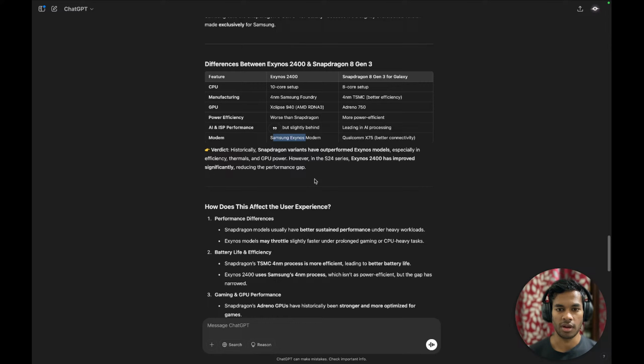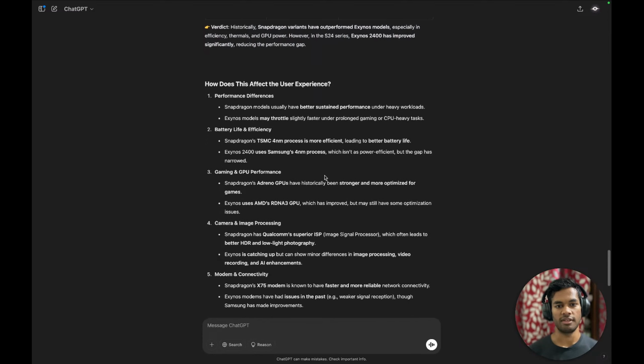Modem: Samsung Exynos modem versus Qualcomm X75, which has better connectivity. Verdict: historically, Snapdragon variants have outperformed Exynos models, especially in efficiency, thermals, and GPU power. However, in the S24 series, Exynos 2400 has improved significantly, reducing the performance gap.